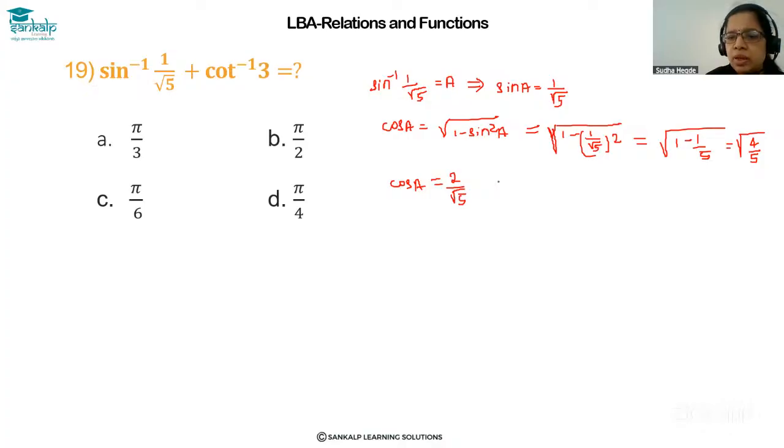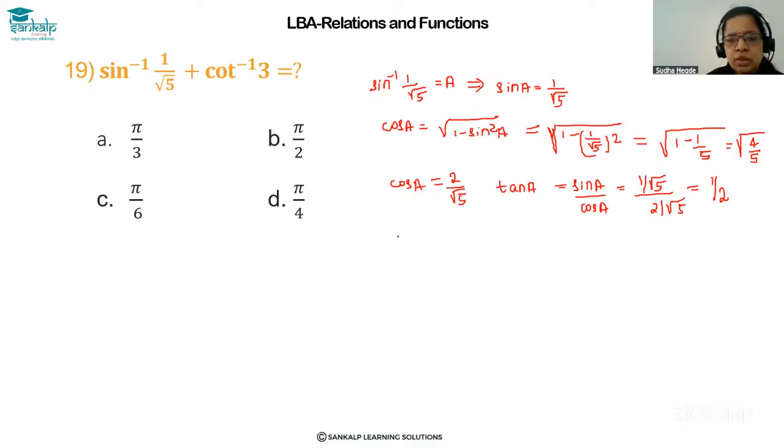by root 5. Therefore, tan A is equal to sin A by cos A, that is 1 by root 5 divided by 2 by root 5, that is equal to 1 by 2. So tan A is equal to 1 by 2.